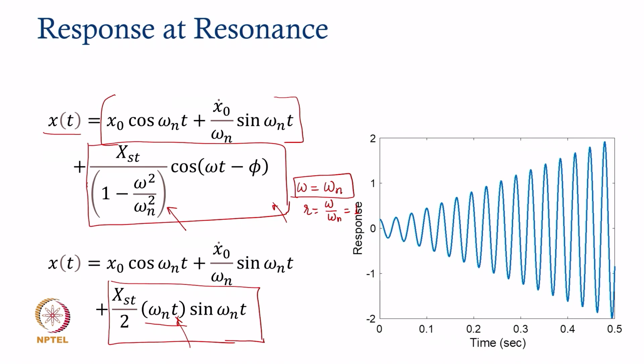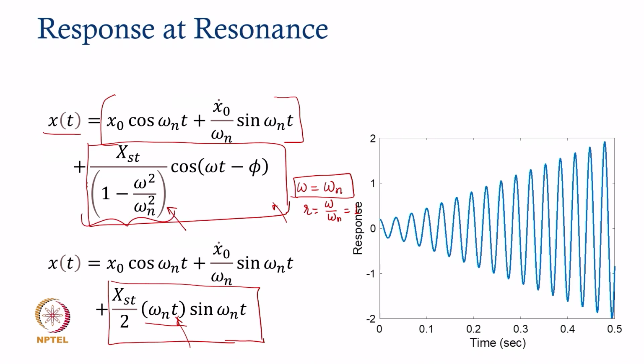The other thing that one should understand and note here is, have you seen that kind of amplitude building in a practical system? In a practical system, the amplitude really does not go to infinity; the amplitudes of response are limited even at resonance. Of course, in a practical system you will not have this case where the denominator is only 1 minus omega over omega n squared; there will also be a damping factor.